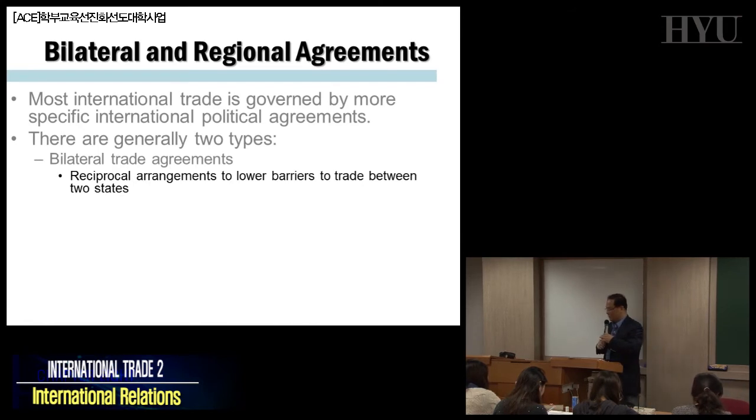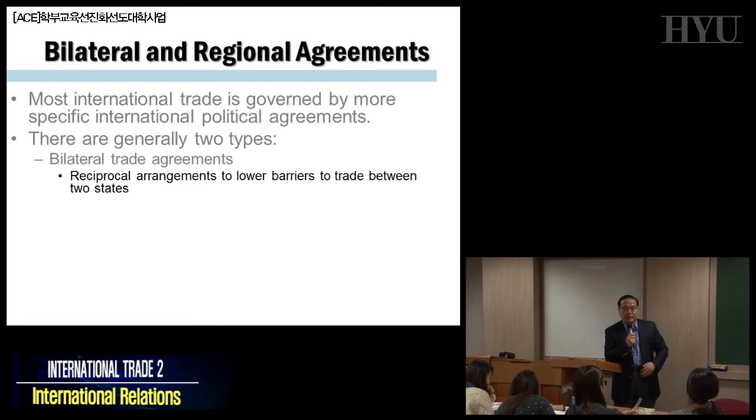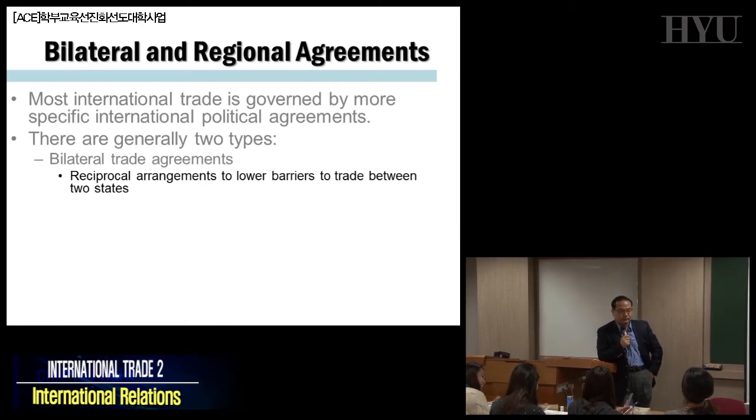Let me tell you, lowering barriers among countries and signing free trade areas, there are different kinds.